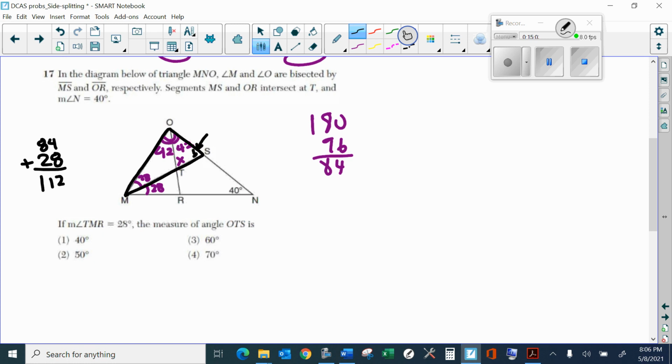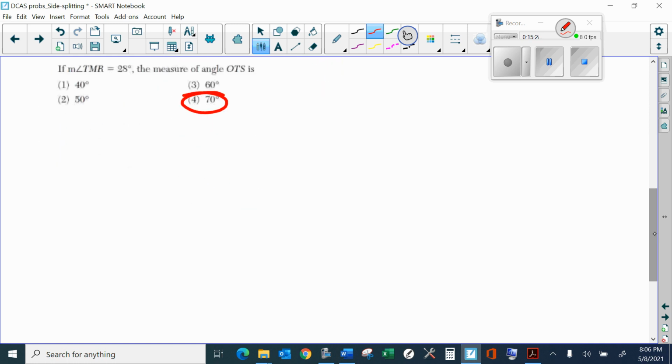So this angle right here is 68 degrees. Then this triangle right here has to add to 180. So the 68 plus the 42 is 110, so that makes x 70. So again, knowing your triangles and what bisect means, that they're congruent. All right, that is it.